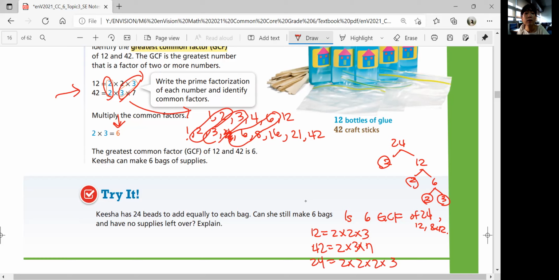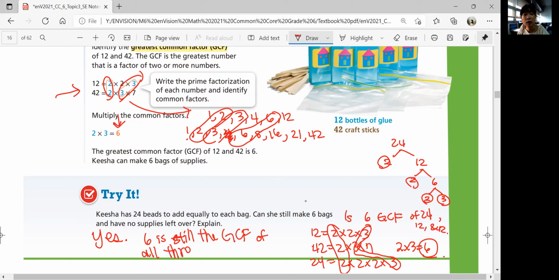And how many common factors do we have? We got 2 for all 3 of them, and we got 3 for all 3 of them. Do we have anything else? So greatest common factor for these 3 numbers is going to be 2 times 3, 6. It's still 6. Okay, so yes, 6 is still the GCF of all 3 numbers.